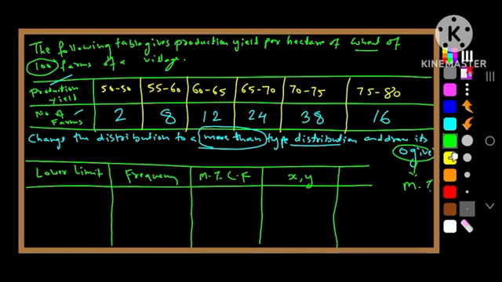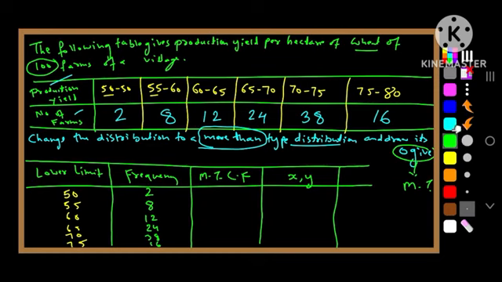Here our lower limit is 50, so I'll take 50. Next lower limit is 55, 60, 65, 70, 75. So what are the frequencies here? The frequencies are 2, 8, 12, 24, 38 and 16.